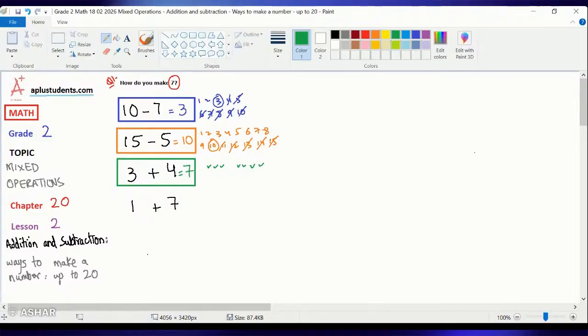And 1 plus 7 should always be equal to, if we have 1, 2, 3, 4, 5, 6, 7, 8. So our required answer was 3 plus 4 would always be equal to 7, and this is a mixed operation. Sometimes we will have addition and sometimes we will have subtraction to do these questions, okay?